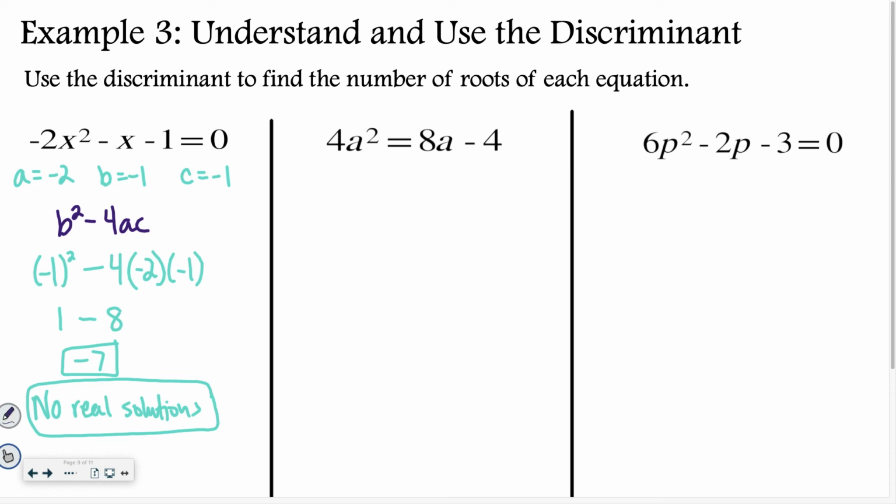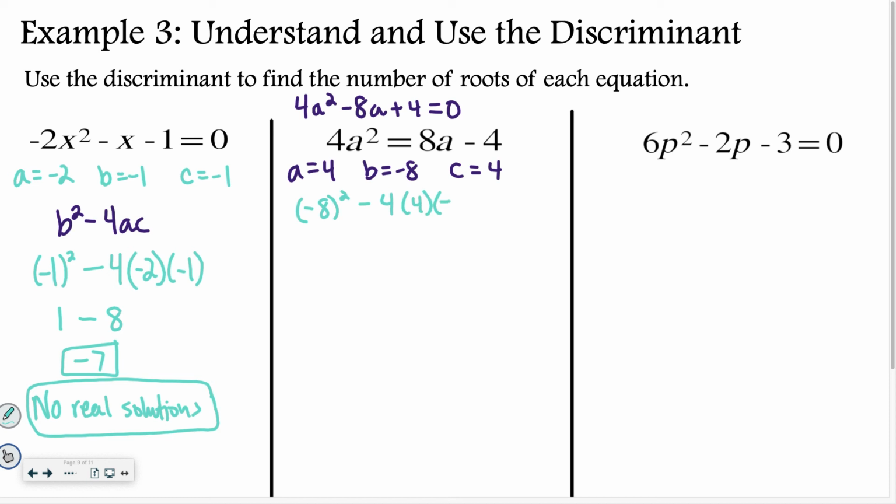I'm going to move this so everything's on the same side as the a squared. So I have 4a squared minus 8a plus 4 equals 0. Because just like when we're solving the quadratic formula, got to have everything on one side set equal to 0. So a equals 4, b equals negative 8, and c equals 4. B squared, so that's negative 8 squared minus 4 times 4 times 4.